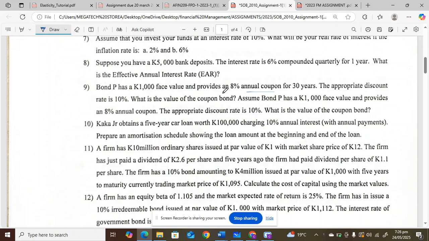Just the way, for example, if you build a house and you say, okay, after I build this house, I'll be receiving rent payments of 100,000 kwacha per year, let's say for 5 years. And you say, okay, now I want to value this house.